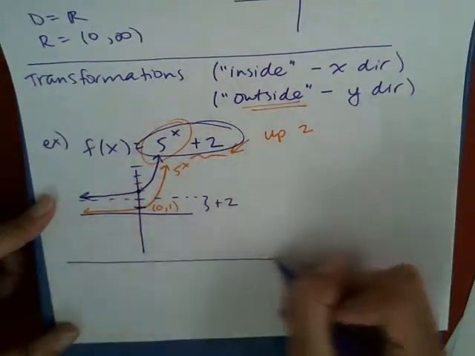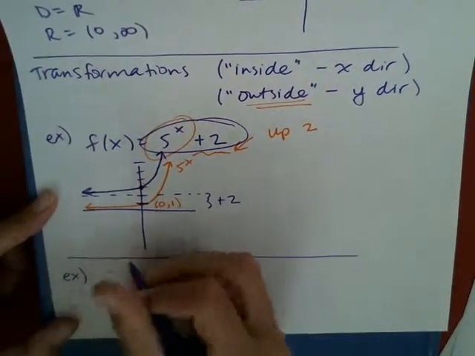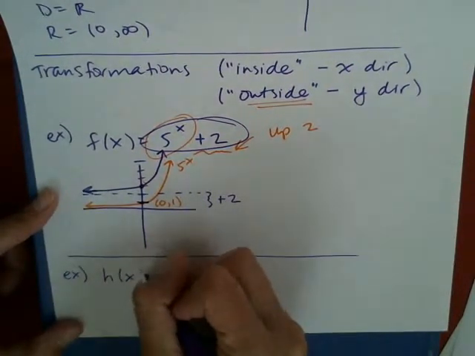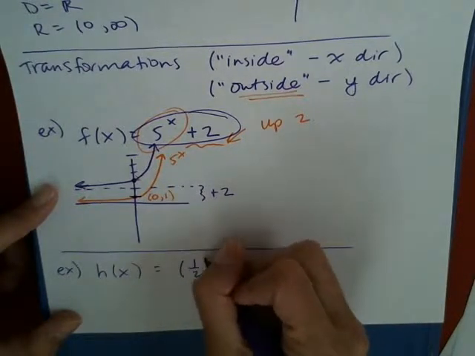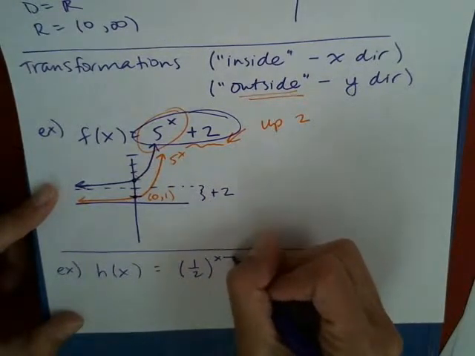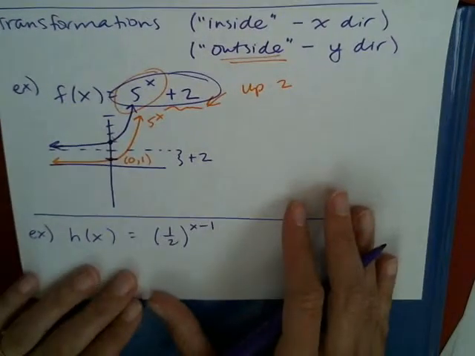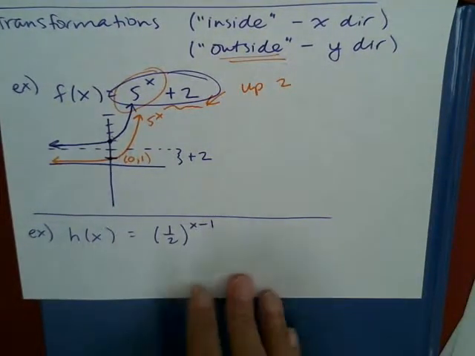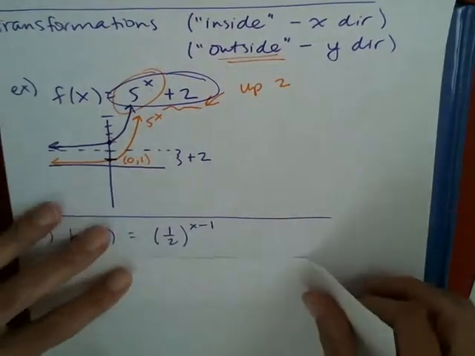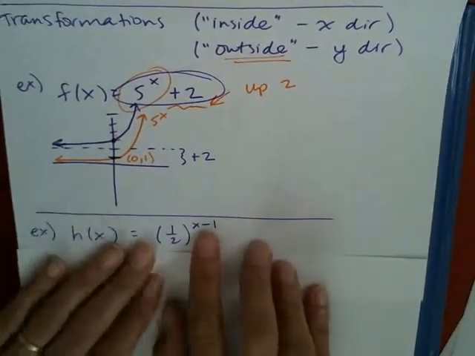Let's do another one. Let's say that h of x is equal to 1/2 to the x minus 1. You see that? On this one, the transformation is happening with the exponential.